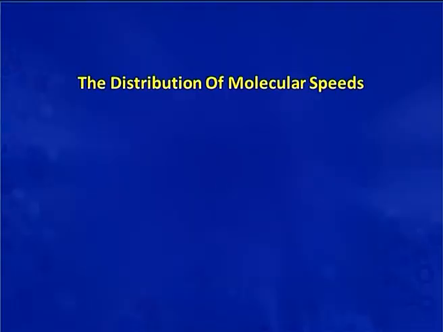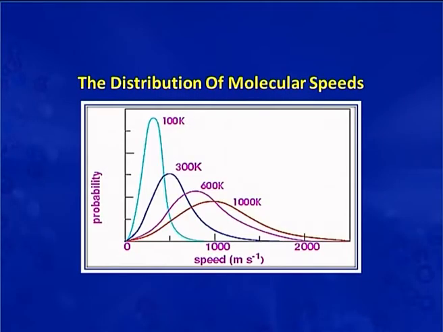So, it is very difficult for us to speak about their molecular speed. So, here is a graph. This graph shows the Maxwell-Boltzmann speed distributions for different gases at different temperatures: at 1000 Kelvin, at 600 Kelvin you can see here, and 300 Kelvin, at 100 Kelvin.